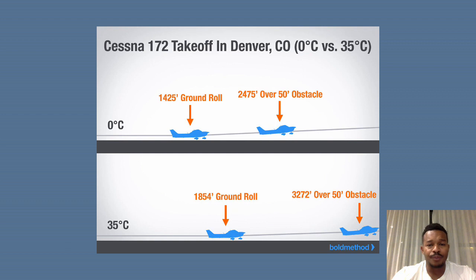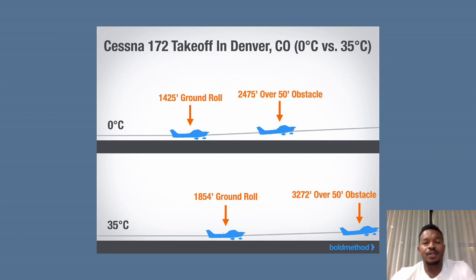Now you take that same elevation in Denver, which is, like I said, a mile high, and let's say you raise the temperature to 35 degrees Celsius, which is pretty high. And you see, not only does your ground roll increase by over 400 feet, but your climb over a 50-foot obstacle is over 800 feet as well.